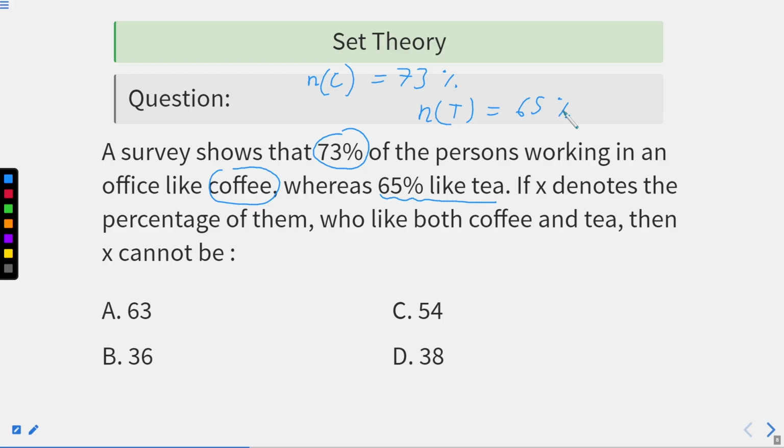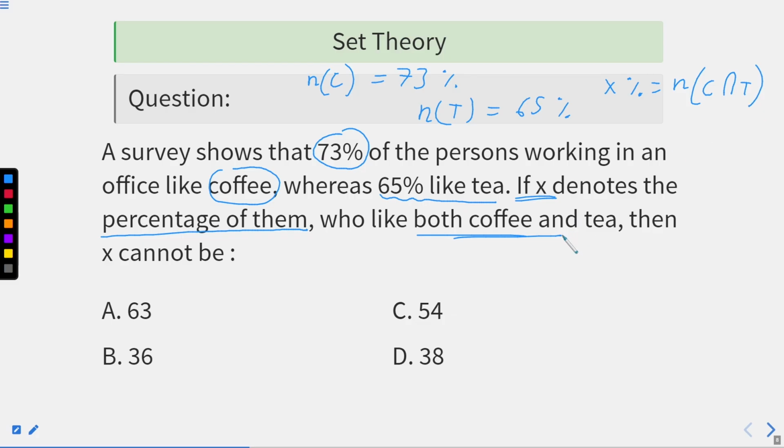No problem, 65%. Now X denotes the percentage of them who like both. So the X percentage is equal to the number of persons who like both. Both means coffee intersection tea.